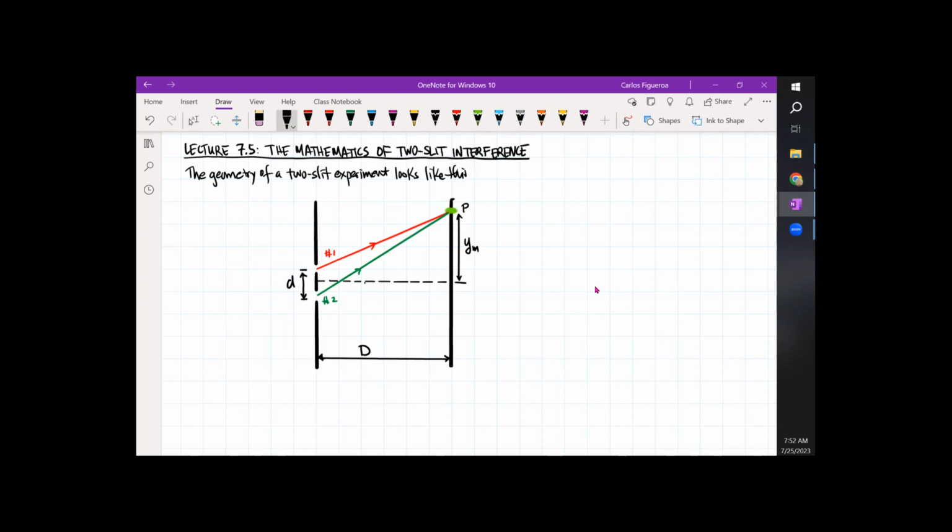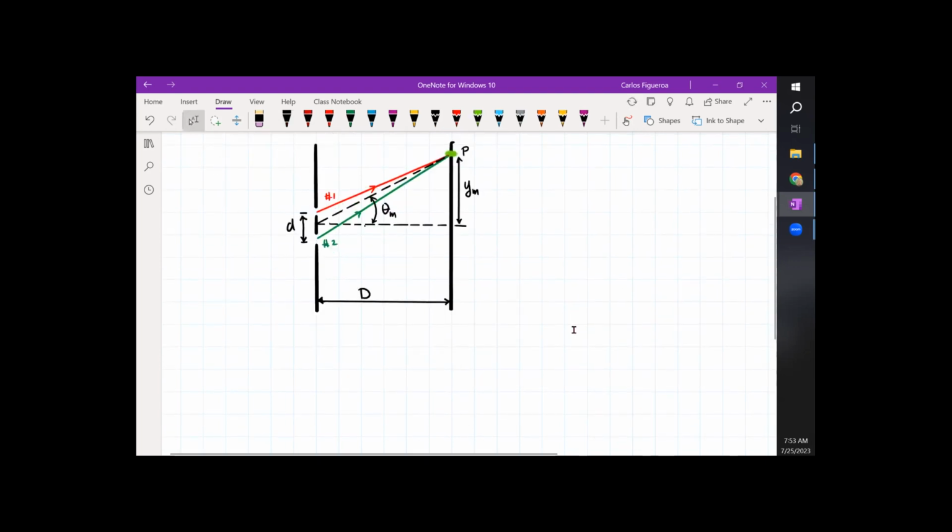And then we could also have an angle that we measure. And this angle right here is the angular location, theta of m. Now it turns out that those are the two important parameters. So let's go start to look at this thing.